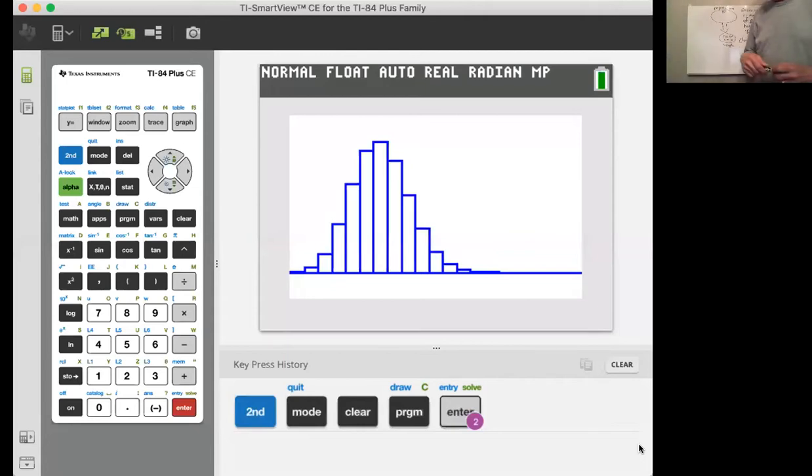So I'm going to switch over to the calculator, and we see that this is the distribution of the binomial probabilities, or the binomial random variable, with the height of the rectangles being the probability.